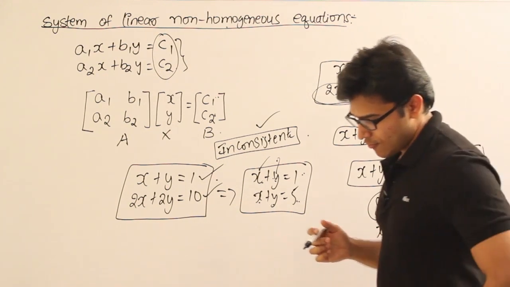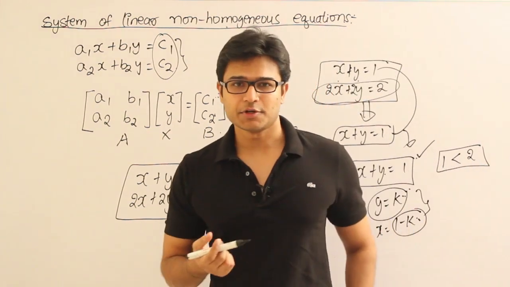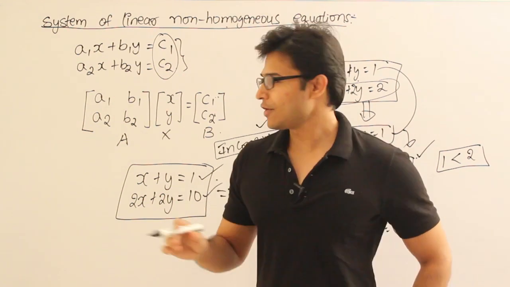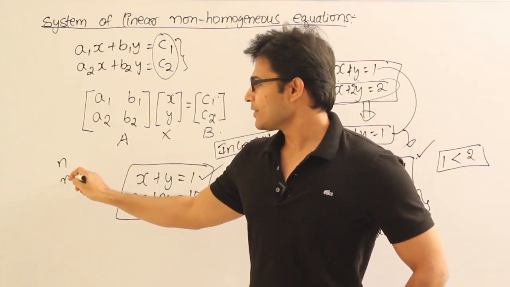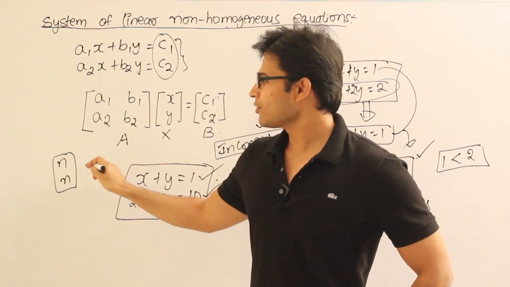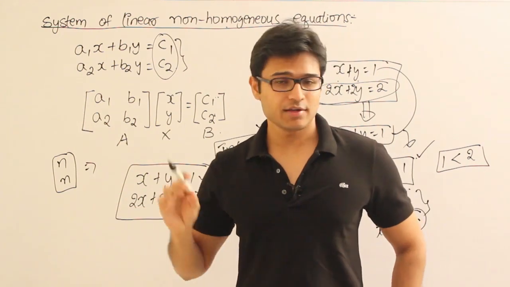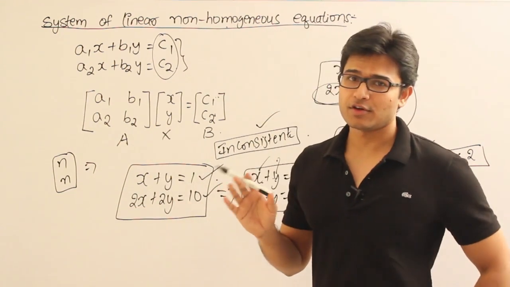So by giving these examples, till now you must have had a strong belief that when there are n equations and n unknowns, you will be able to find a unique solution. That is not always true. Yes, you can find them in some cases, but it is not always true.